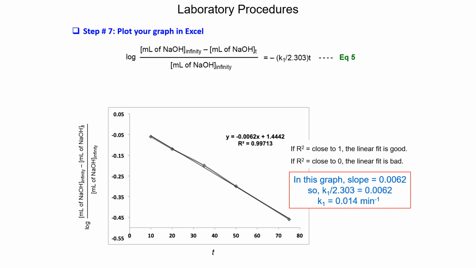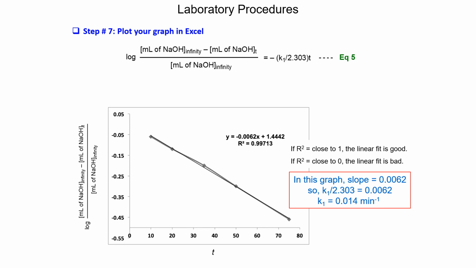Then you can calculate the y-axis, because you have all these axes here, and you have the time here.